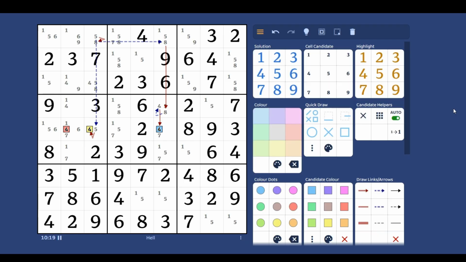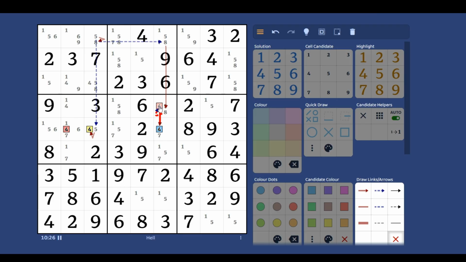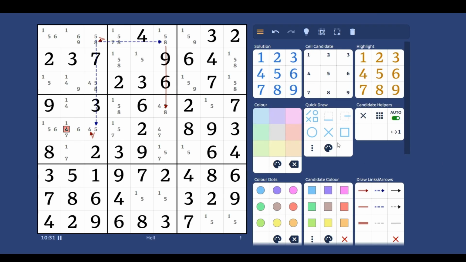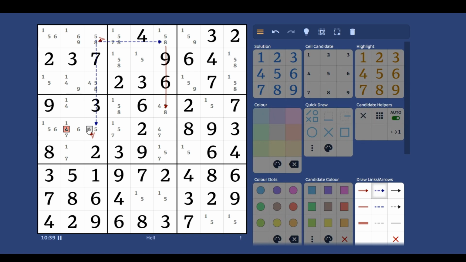So that's one way we could do our chain. But if we just extend our true chain a little bit and move back our false chain a little bit, we could actually get a completely different elimination. So let's go ahead and get rid of these highlighted 4s here and move back our false subchain a little bit. So going from our true chain, this 4 would have to be true, which would make this 4 false, which would make this 4 true.